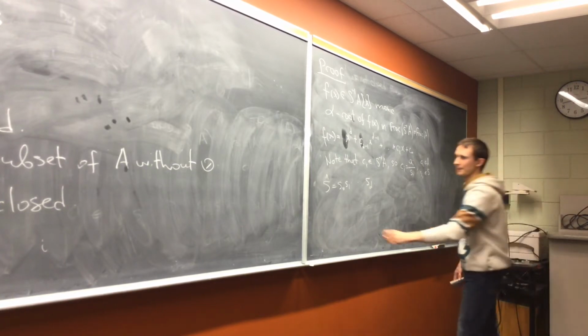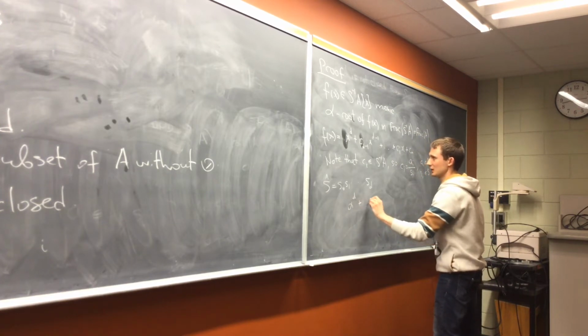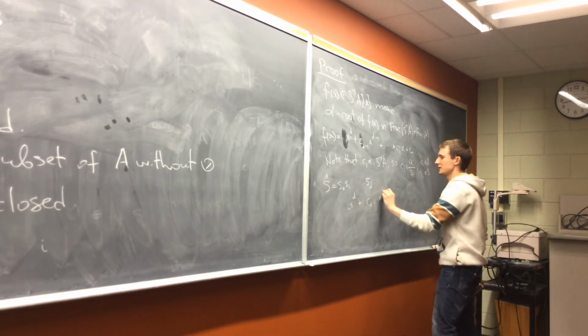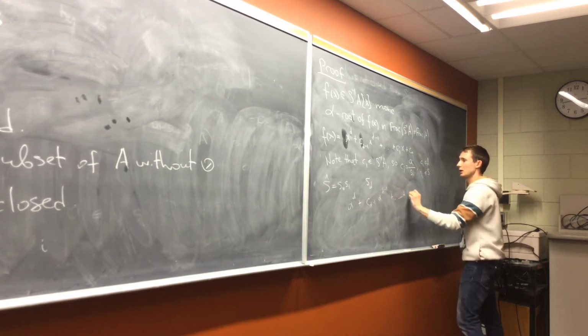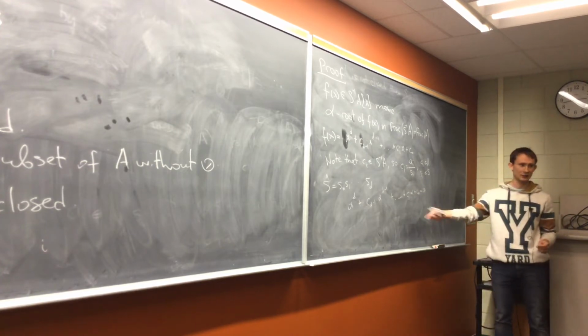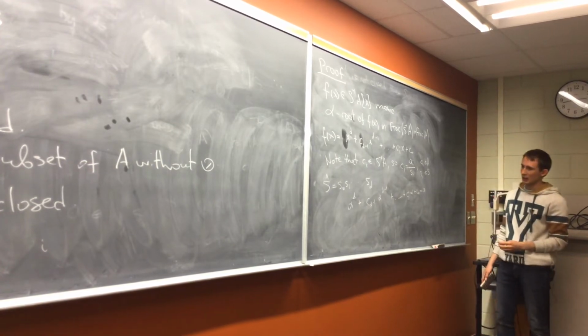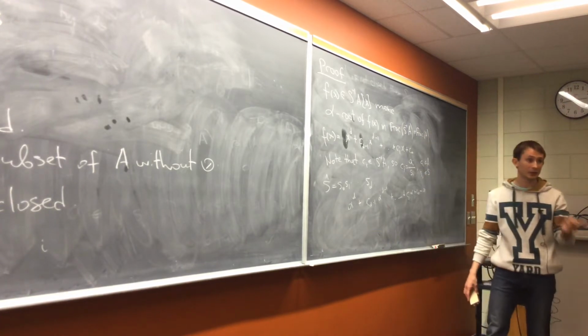Now let's take a look at this equation: alpha to the d plus c d minus 1 alpha to the d minus 1 and so on, plus c1 alpha plus c0 equals 0. So alpha is the root of this polynomial. I'm going to multiply by S hat to the power of d everywhere.